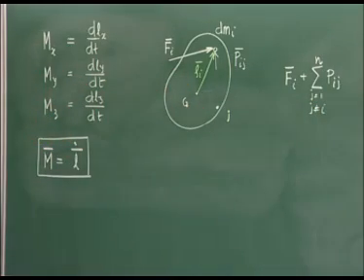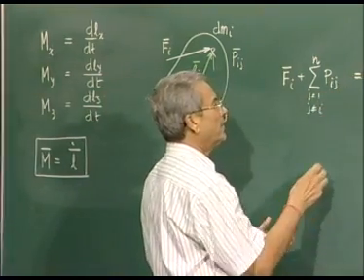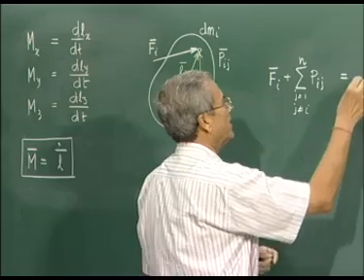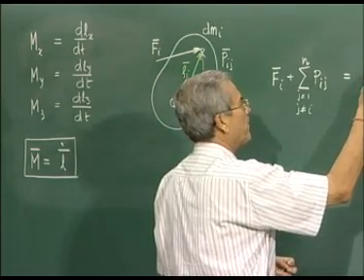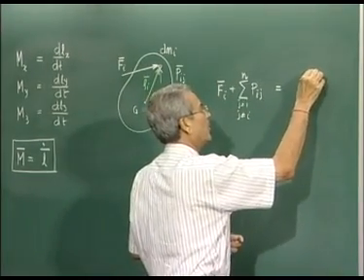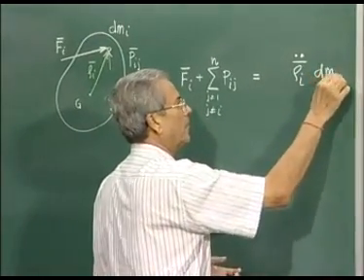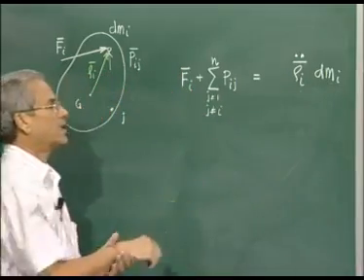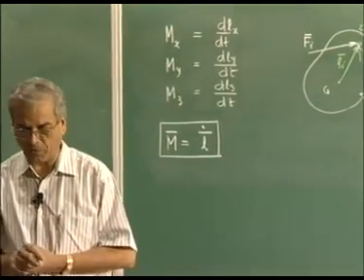So, that is the total force acting on the particle, and this will be nothing but the mass times the acceleration of the particle, treating the center of mass as a fixed point.